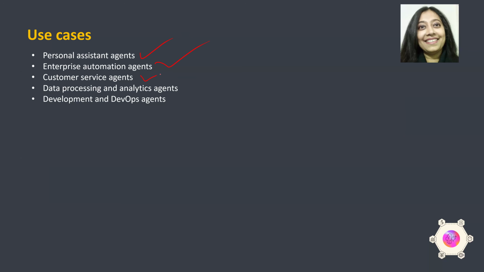Data processing and analytics agents, again, machine-to-machine interaction. Development and DevOps agents could be UDA based, could be machine-to-machine, depending upon your maturity level. Hence, over here also you can use your AgentCore Identity.